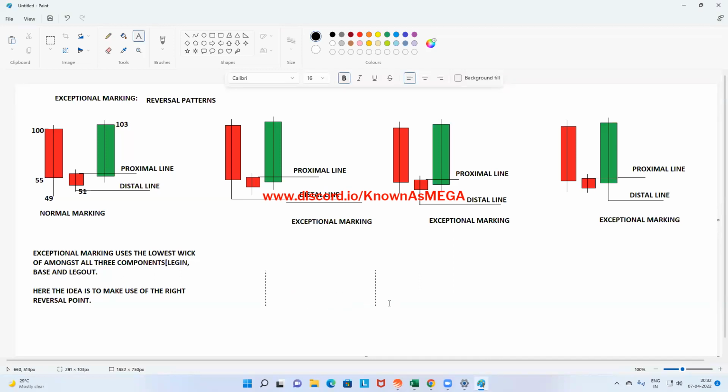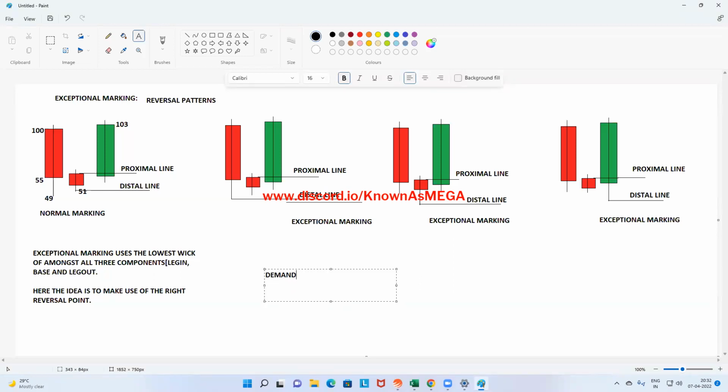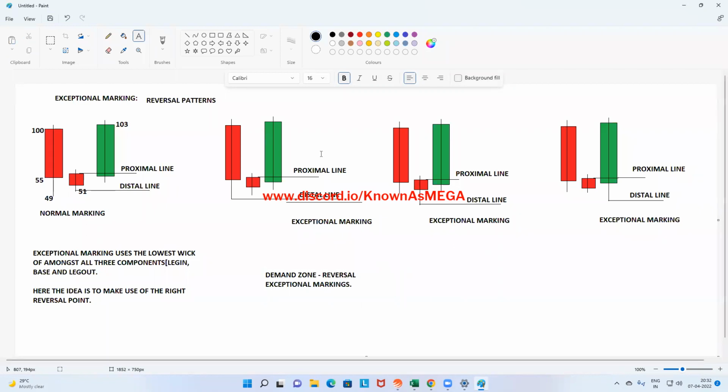We will mark for supply zone. Take a screenshot of this, guys. Please confirm once taken.